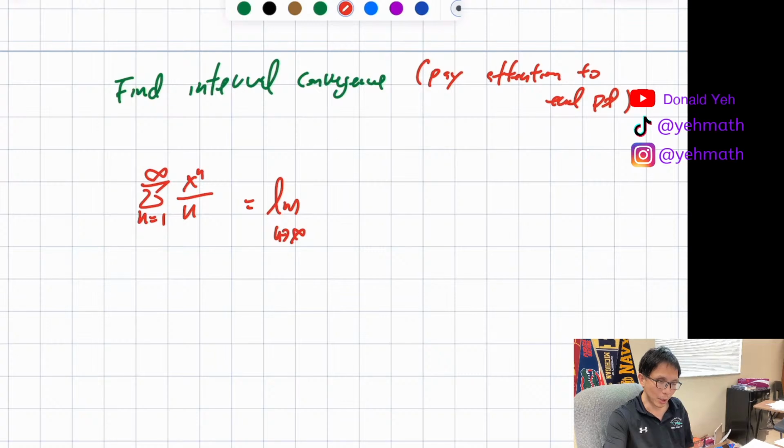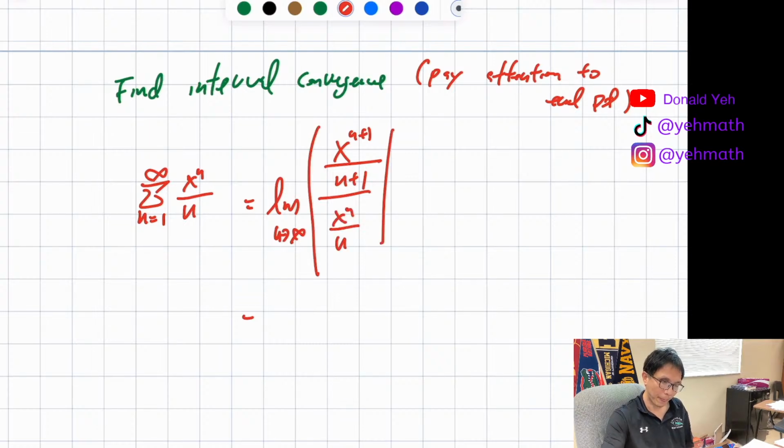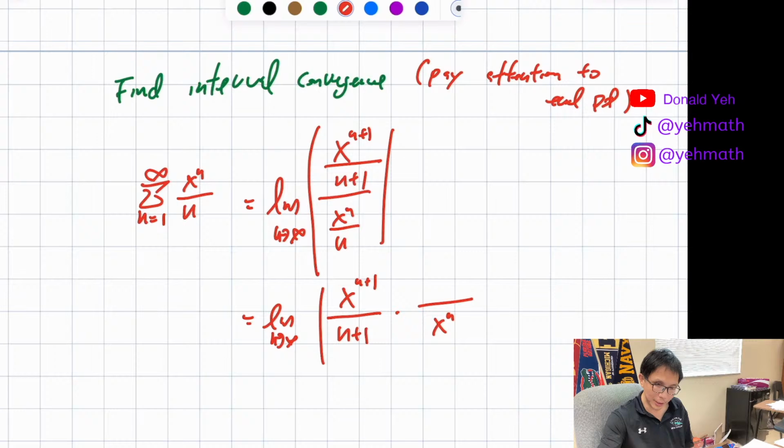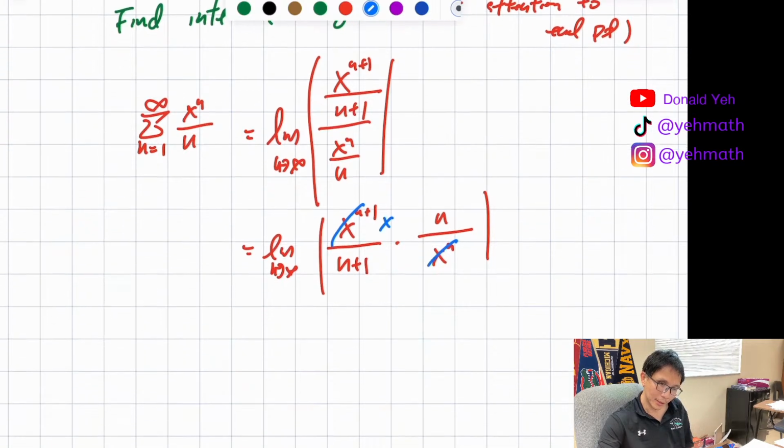Now we're going to say x to the n plus 1 over n plus 1, over x to the n over n, as n approaches infinity. That's x to the n plus 1 over n plus 1 times n over x to the n. This will cancel this out, and this is the step for the x.